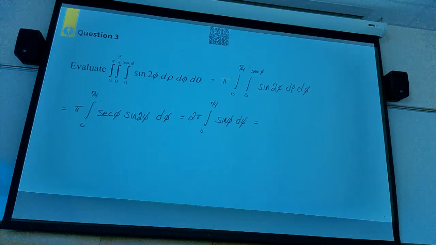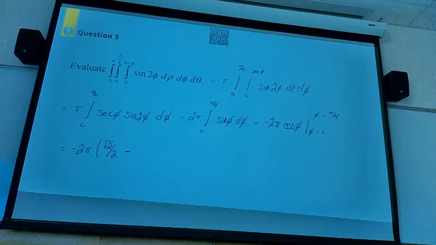What is the antiderivative of sine? Evaluate that from phi 0 to pi over 4. What's cosine of pi over 4? It's cosine of 0.